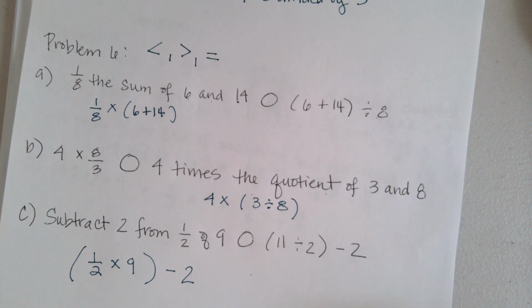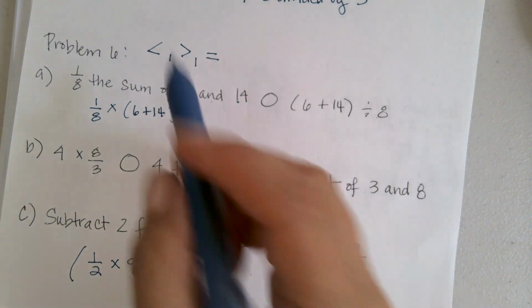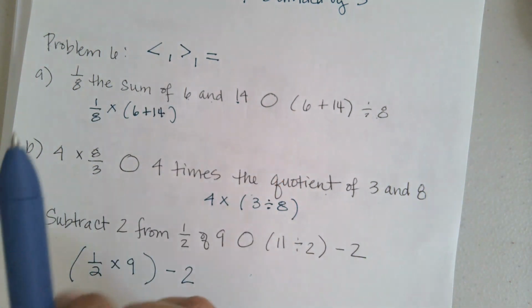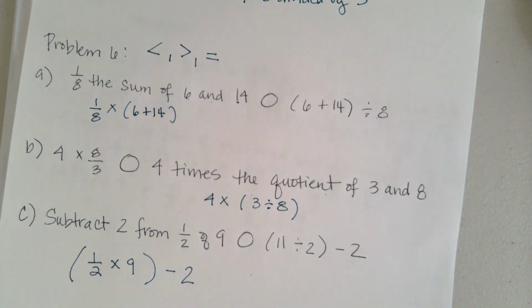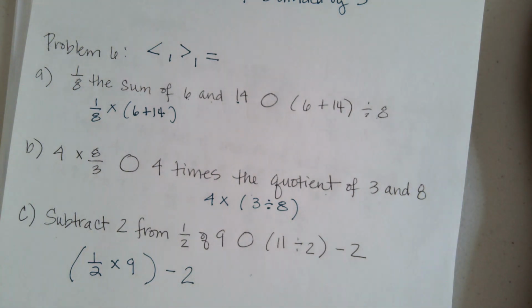What I want you to do is solve both sides of the compare and contrast, and use your compare and contrast signs to label your statements here, okay? Then come back and check your work.